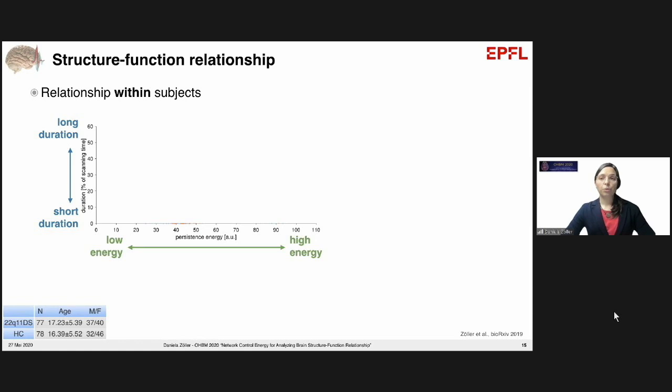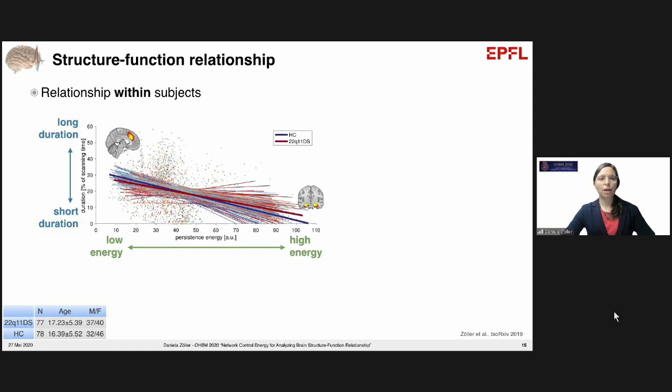On the other hand, when we computed the correlation within subjects, so across states, across these 17 brain states, we found that for almost all subjects, there was a negative relationship. So each of these individuals spent less time in brain states, in the resting state, that would require a low persistence energy based on their structural architecture.